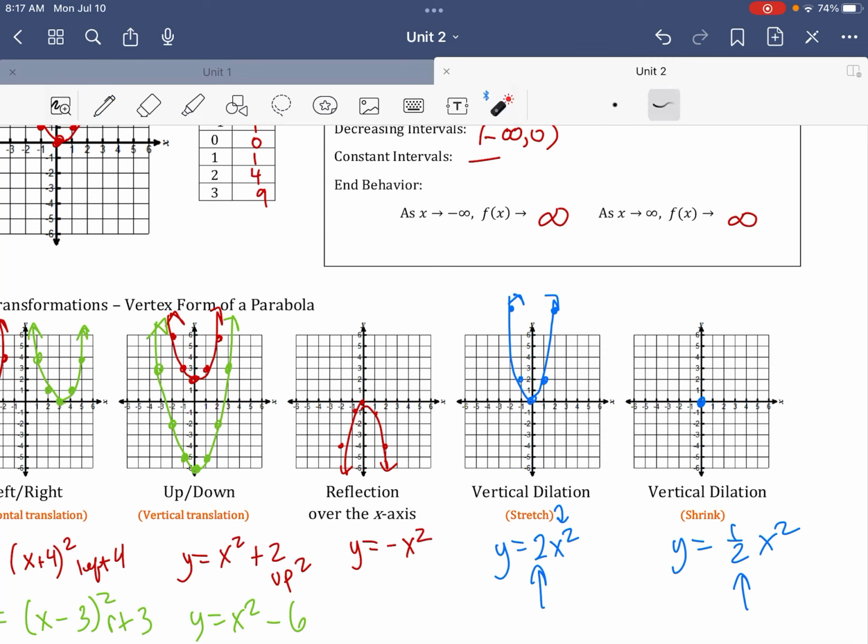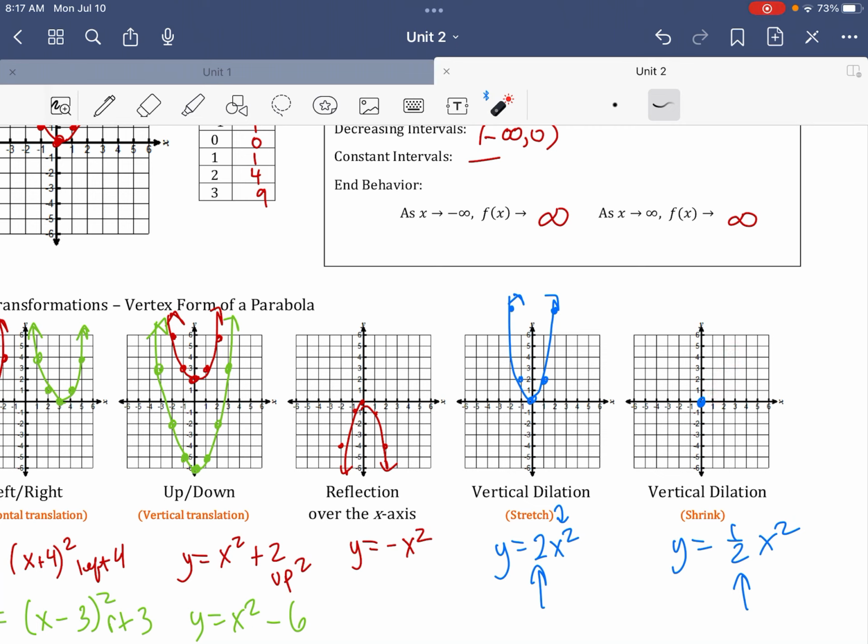But what's half of 1? Because I was going to go to 1, 1, but now I'm going to do half of that. So now it's going to be down here. I was going to go to 2, 4, but now I'm going to go to 2, 2 because my height has been decreased by a factor of a half. If I was doing 3, 9, I would go to 3 and 4.5, because half of 9 is 4.5.